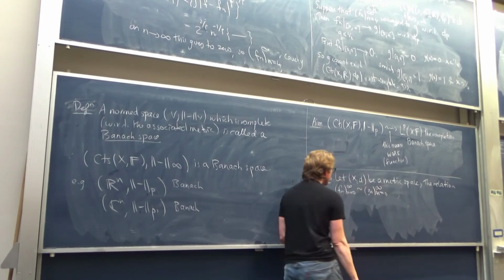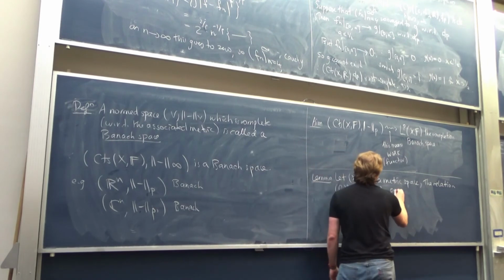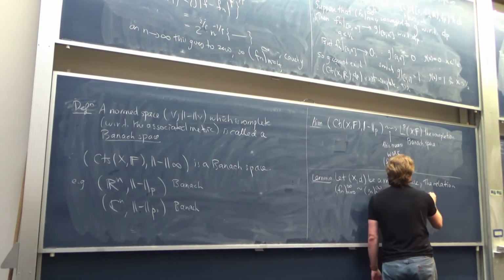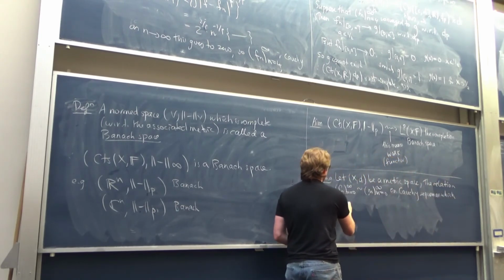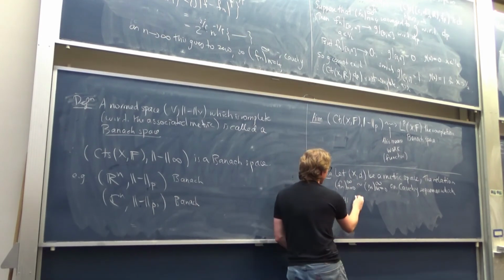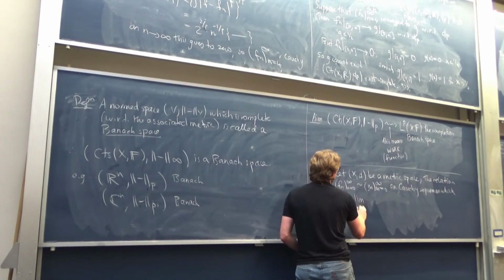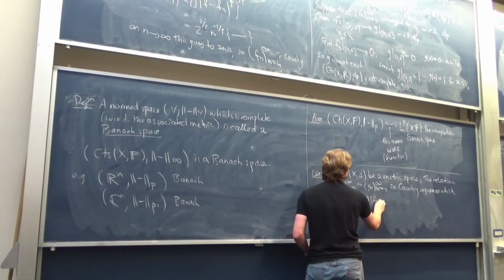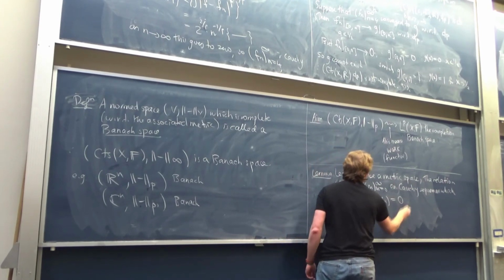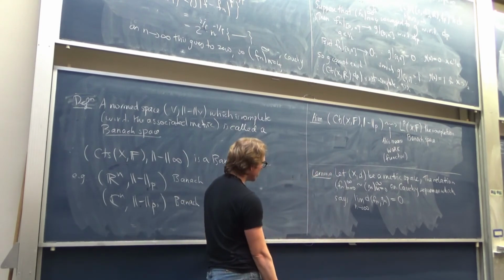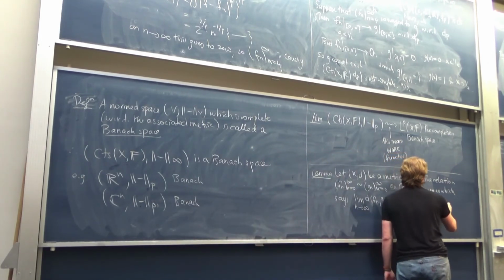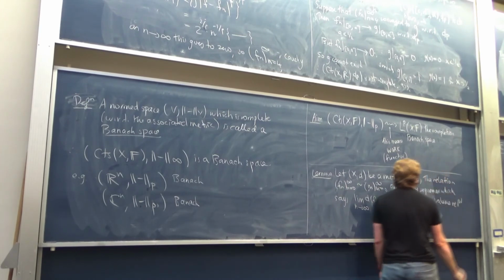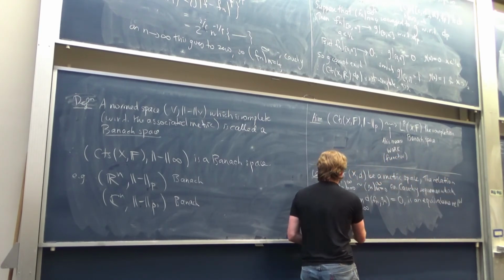And I can define a relation between Cauchy sequences: f tilde g means that the limit as n goes to infinity of the sequence of real numbers d(f_n, g_n) is 0. Then you can check that that's an equivalence relation on the set of Cauchy sequences.